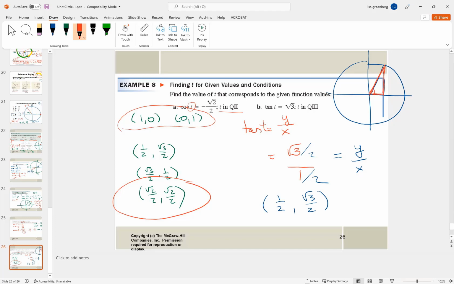And I know that this actually goes to the 60 degree or pi over 3 angle. So that would be the answer. Just remember that you're only really having to work with these few numbers. Otherwise, you'd need a calculator. If none of those 5 numbers worked, you would need a calculator because that's all that we know by heart.